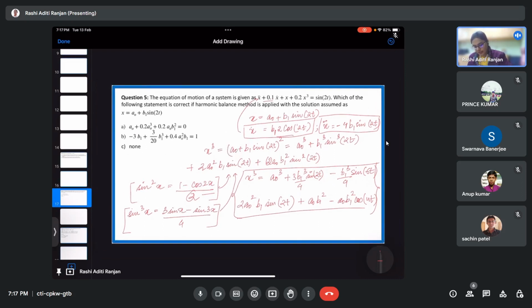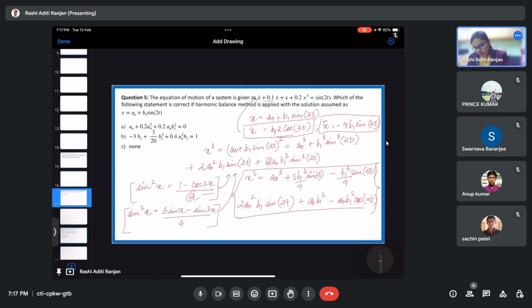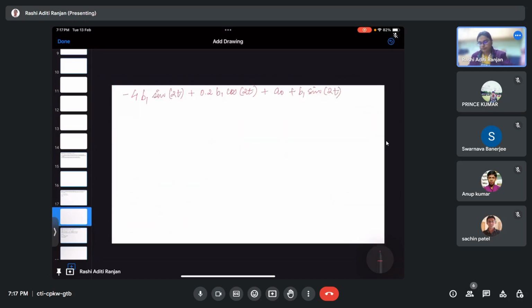Then I'll have x, which I know is a naught plus b1 sine of 2t. Then I have 0.2 x cube.